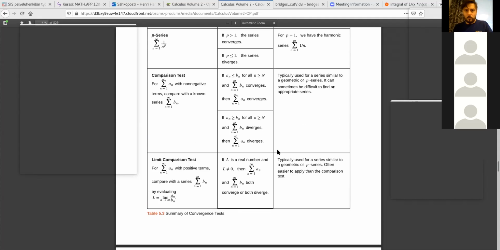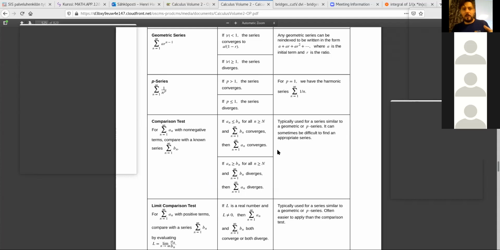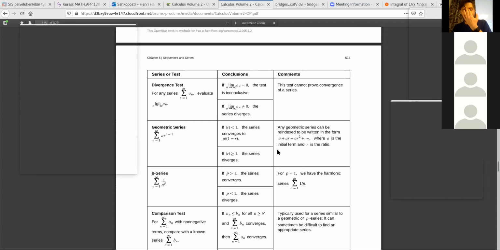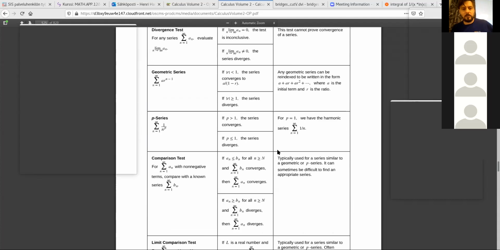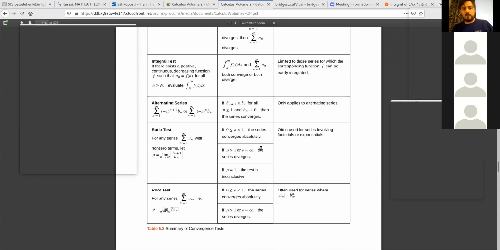The only one that I couldn't give you a very nice explanation for was the Leibniz criterion, so that you just have to trust. If it's an alternating series, then use the Leibniz criterion. But remember, it only applies for alternating series.